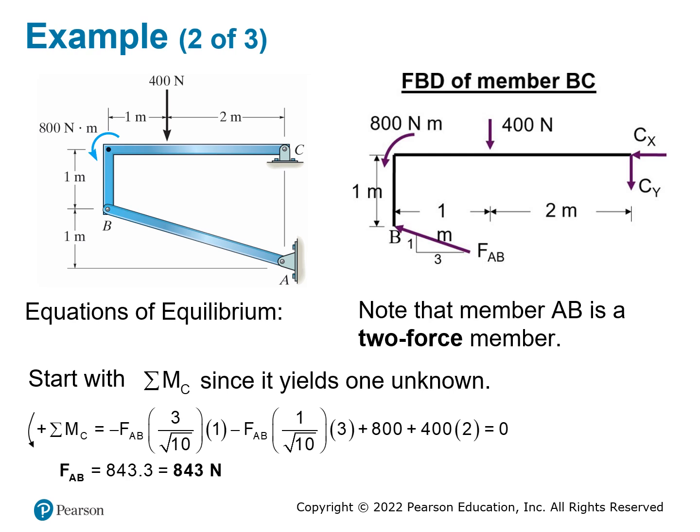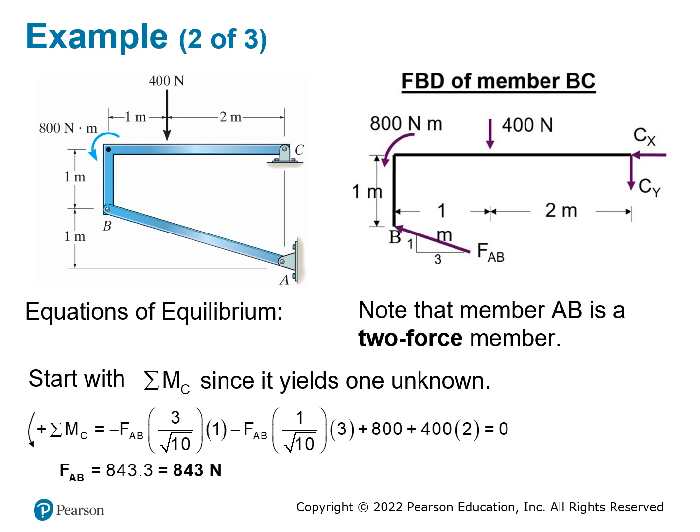BC is not a two-force member because you have an external force of 400 Newton applied to it, so you cannot simply assume the force will go from B to C. On the right-hand side, you can see the simplified version of the structure of BC, with an angled force FAB, whose direction is known, applied to point B.